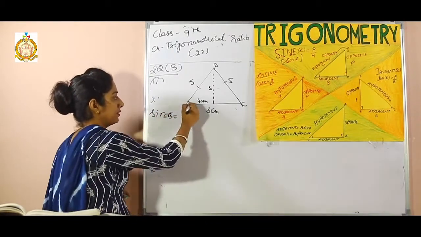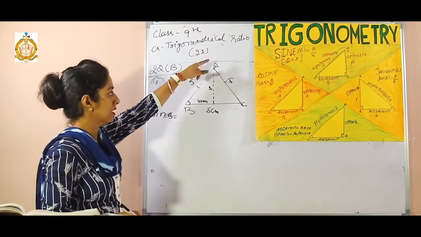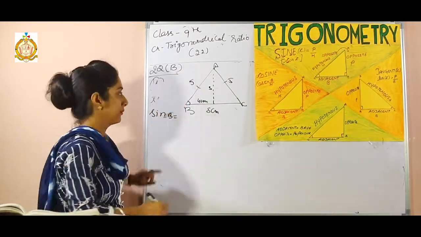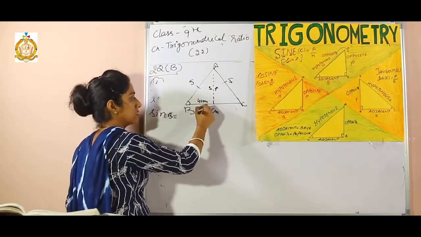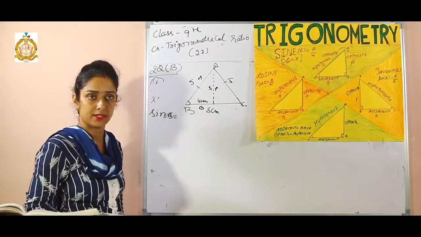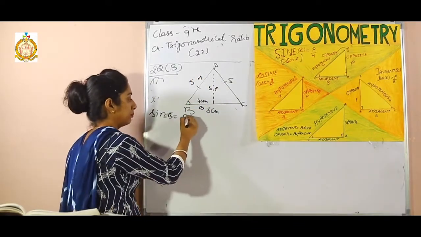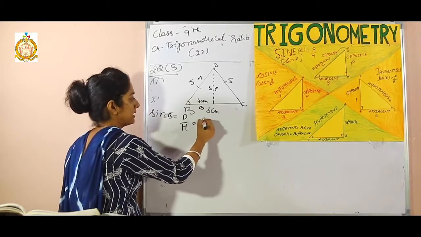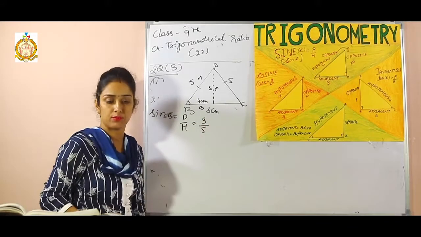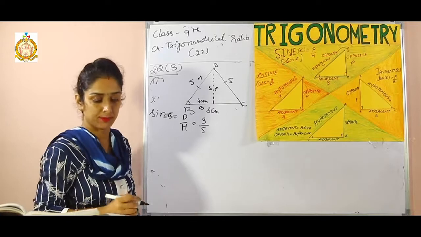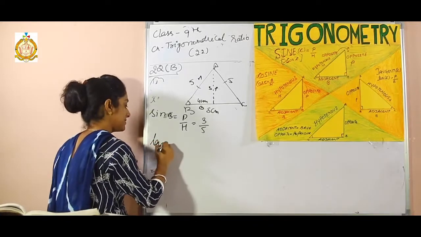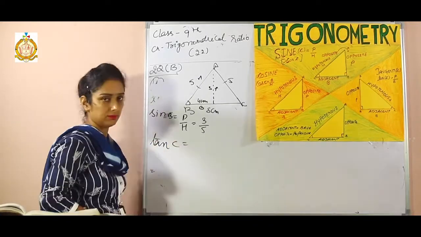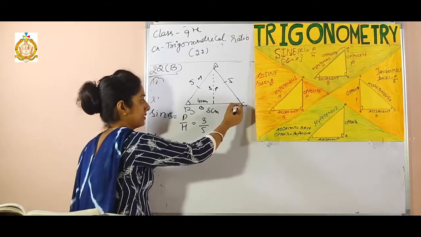See, this is the side B, this is the base, this is the perpendicular, and this is the hypotenuse. Now, sine B is P over H. P is 3 and H is 5. 3 by 5 is your answer. Next one is tan C. Now, tan C, this side.